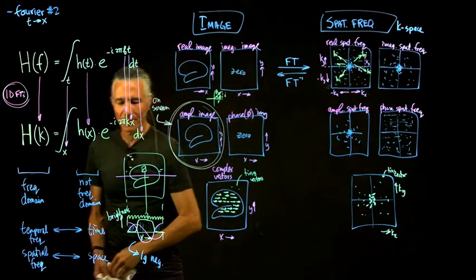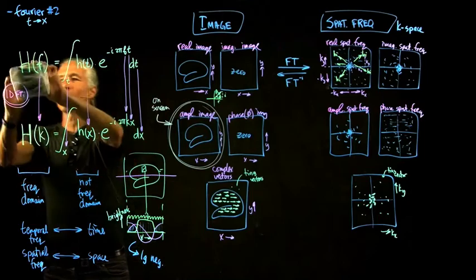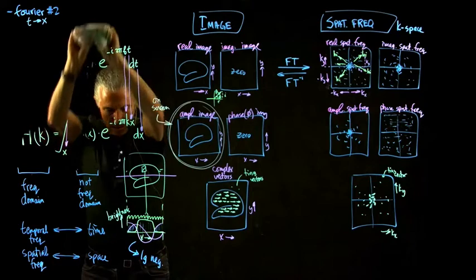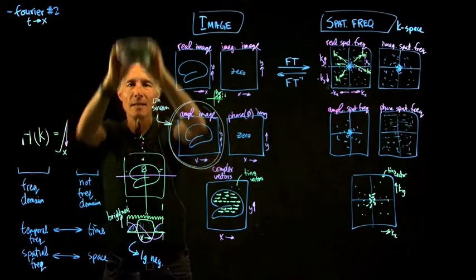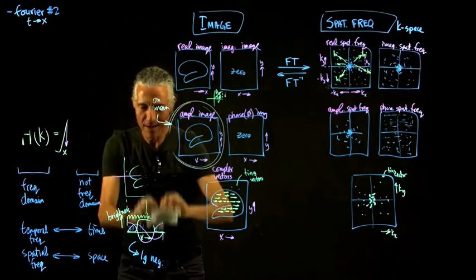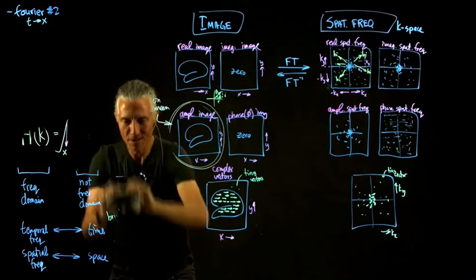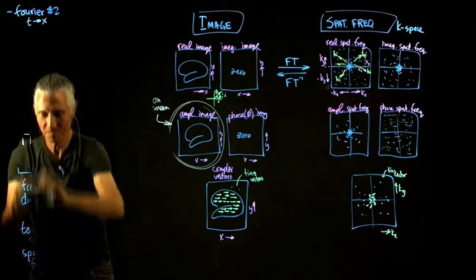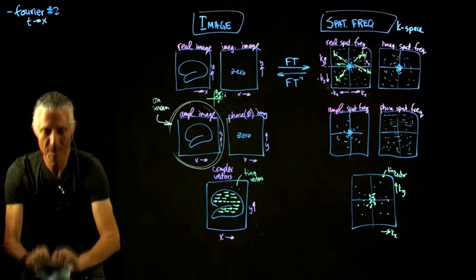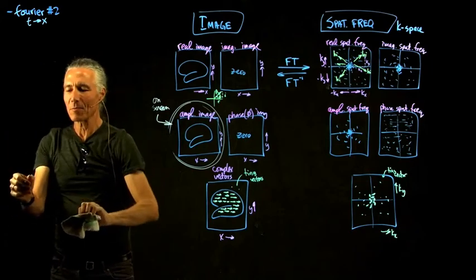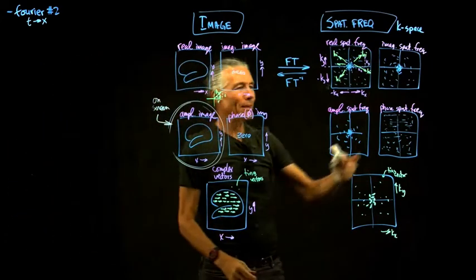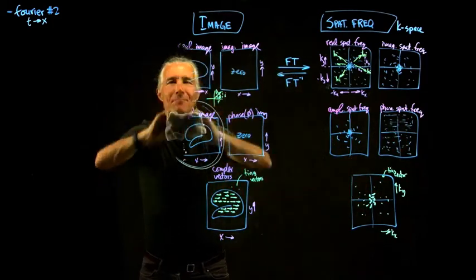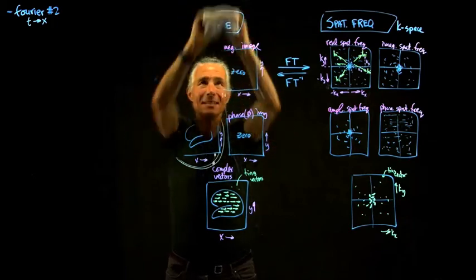And then see how things change when we change very simple images. What we're working up to is what is one point in k-space, because it turns out one point in k-space is more complicated than two points in k-space.